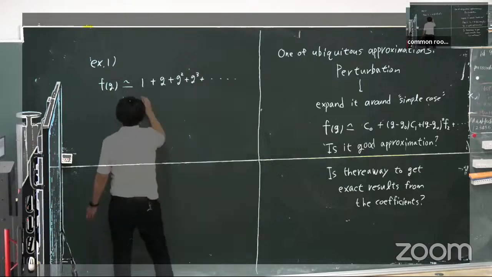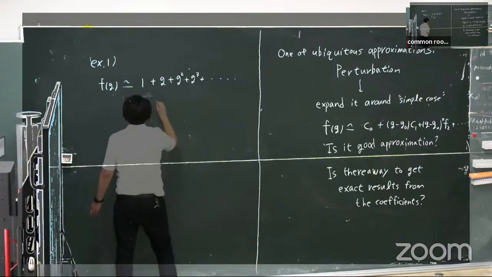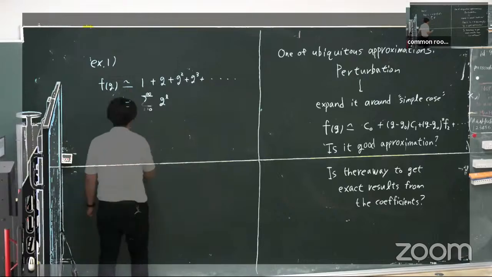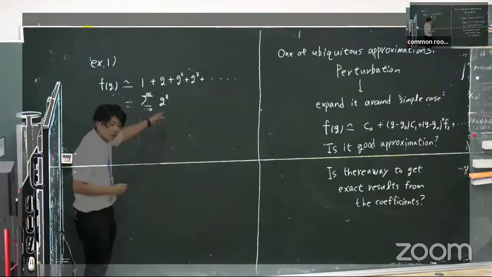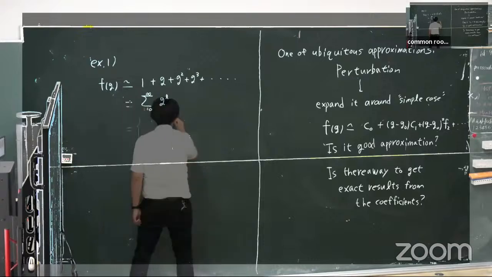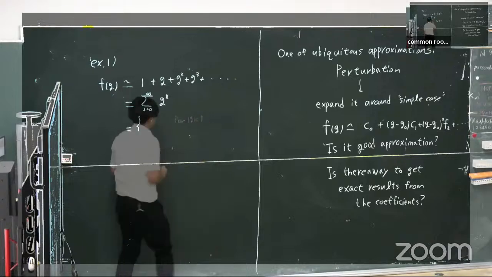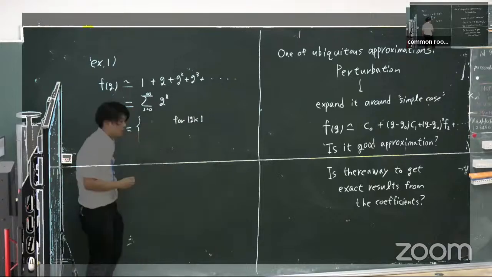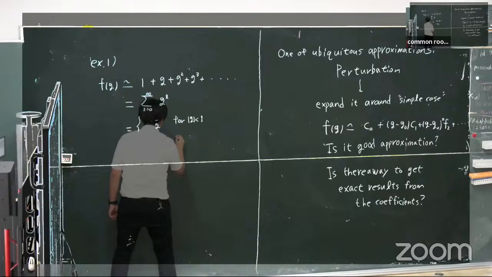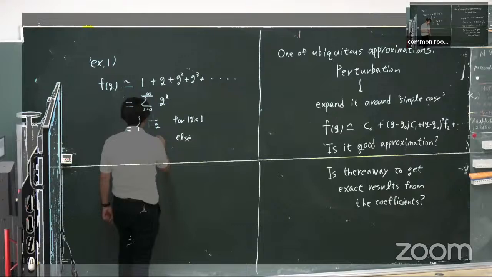This can be written in this way, but we have to be careful about the region of g. When the absolute value of g is less than 1, this is convergent, so we can compute it like this. For other cases, the naive sum is divergent.